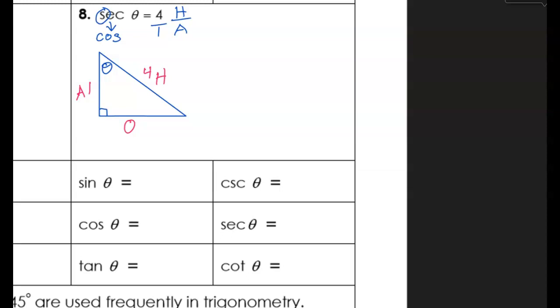So when I'm dealing with a trig function that has an O in it, like sine and tangent, I know I'm going to need that opposite side. What am I going to have to do to find that opposite side?